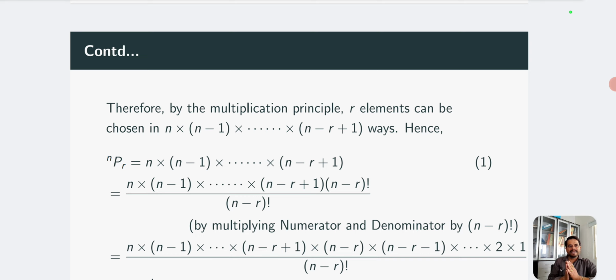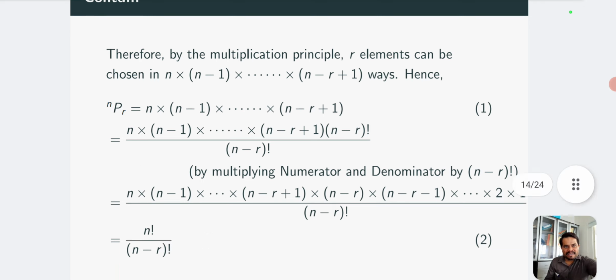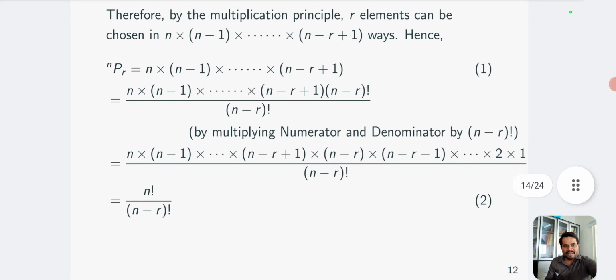And hence nPr is equal to n into n minus 1 into ... up to n minus r plus 1. After that you can multiply the numerator and denominator by n minus r factorial on the right hand side. So we get this second step. After multiplication, let us see what we get here.